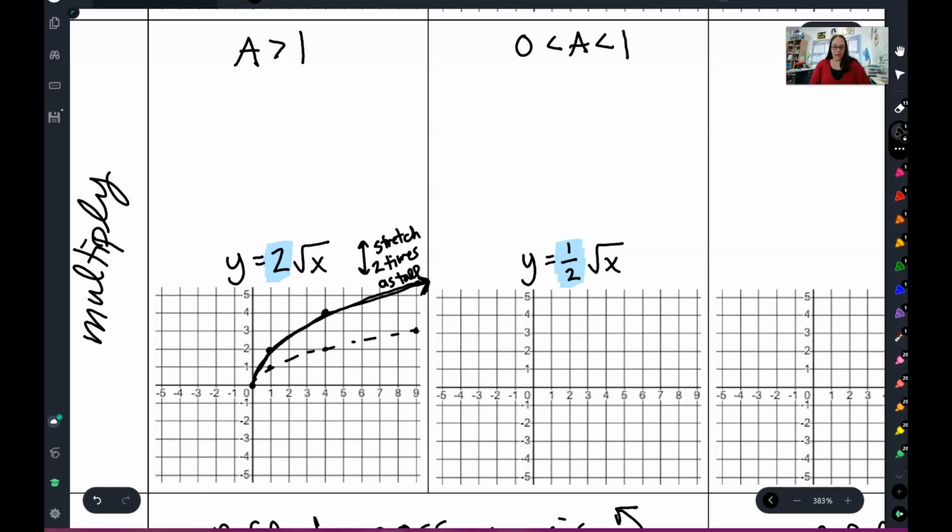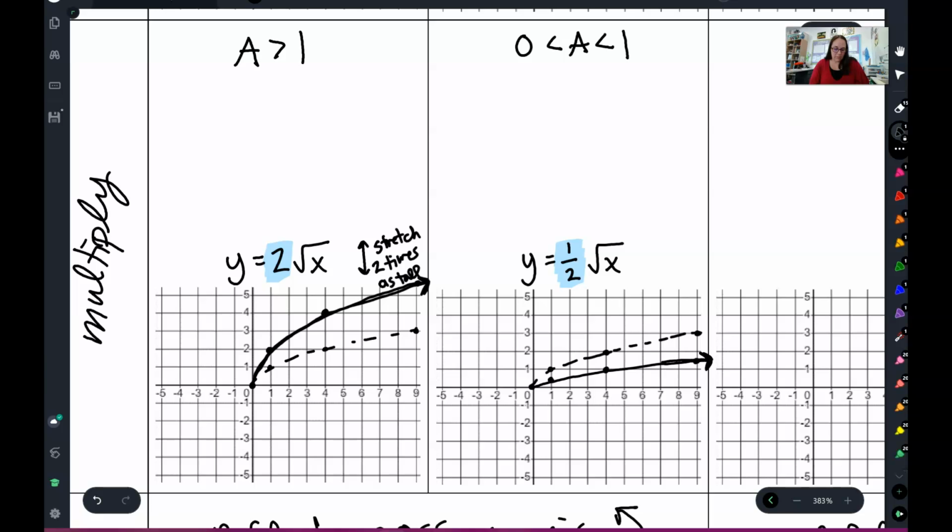So as you can probably guess, if I have a 1/2 out here, then all my points should be half as tall. And remember, it's tall because it's outside, so that's vertical. So I'm going to take all these points and make them half as tall. This one's 3 away. Half of 3 is 1.5.